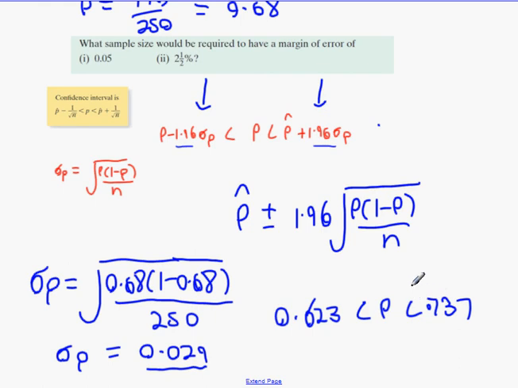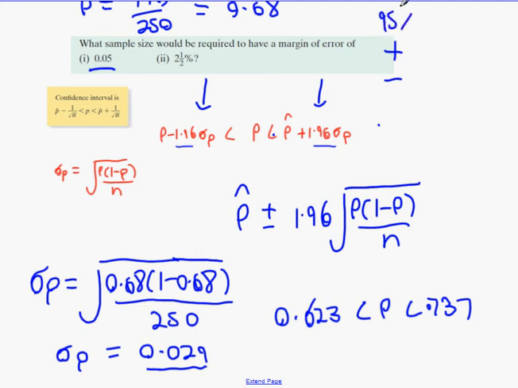Okay, now the next thing we're going to do is what sample size would be required to have a margin of error of 0.05. Now what is our margin of error again? Our margin of error is plus or minus, and it says here, the confidence interval. It's specific to the 95% interval.